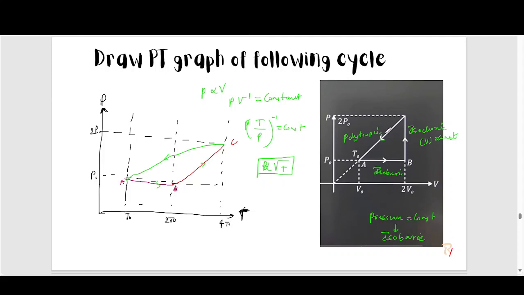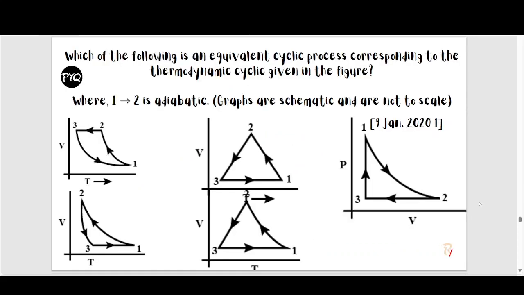In polytropic it will be like this with temperature, therefore like this. Okay, T naught to T naught as you mentioned here. Like this we have to understand these graphs.